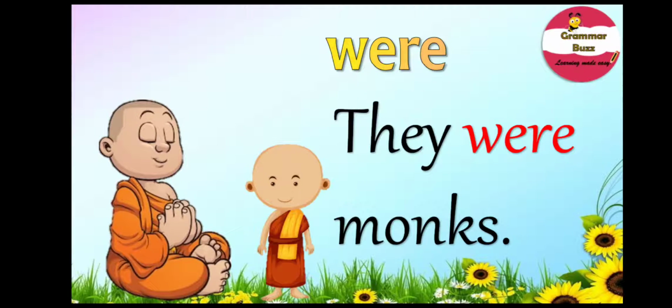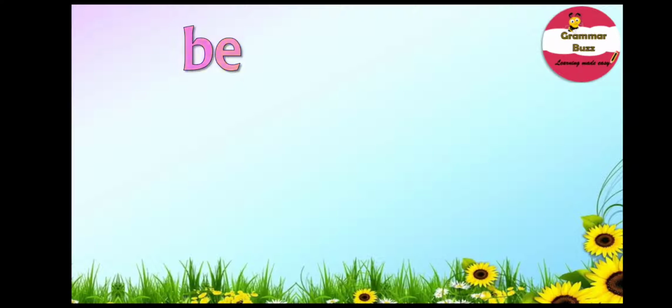Okay, what about this sentence then? But before I go on to the sentence, you need to remember the helping verb be is used with all persons I, we, you, he, she, it, they in future tense.